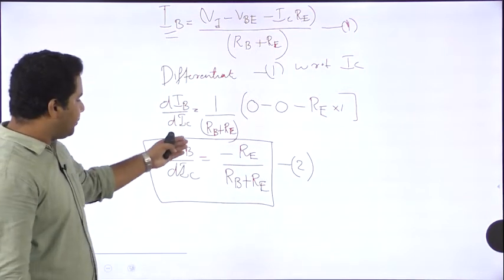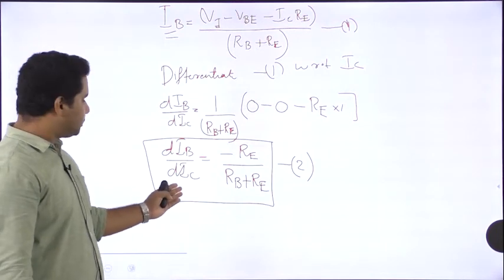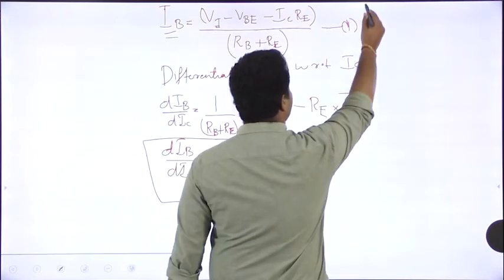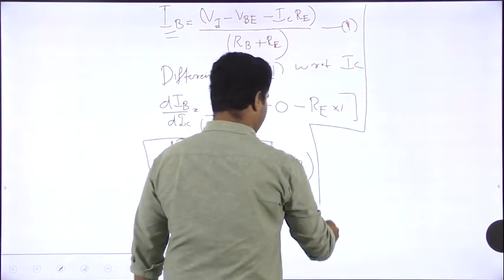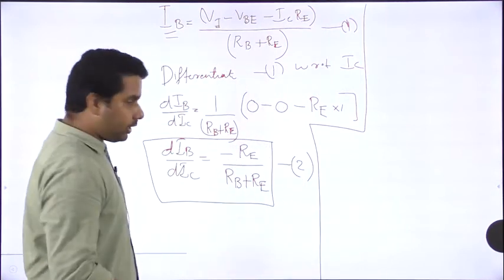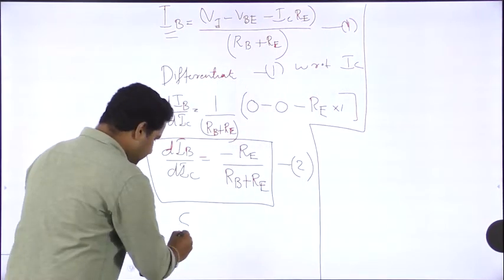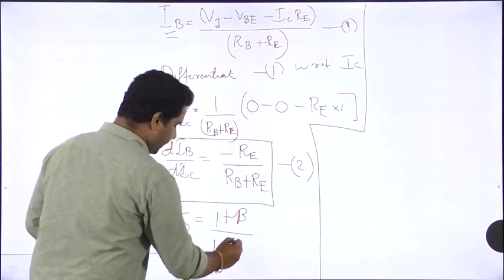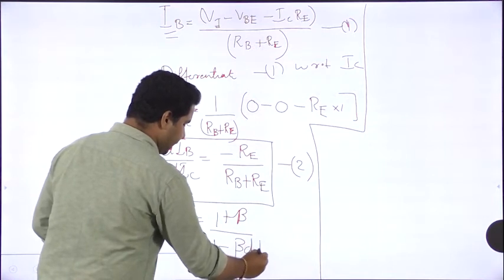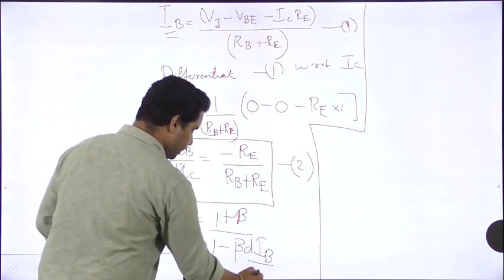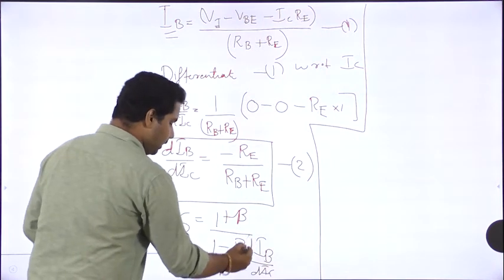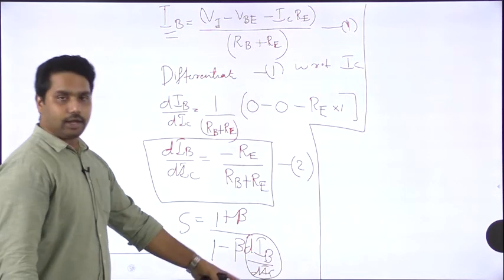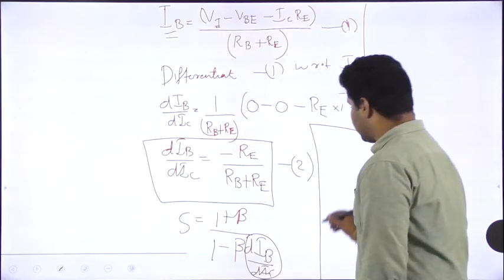So if I am having dIB by dIC, what's next? Just substitute this value in our stability factor equation. Okay, so what is the stability factor equation? It is S is equal to 1 plus beta divided by 1 minus beta into dIB by dIC. So now we got this dIB by dIC. What is that? Minus RE divided by RB plus RE. Substitute there. So I am substituting.